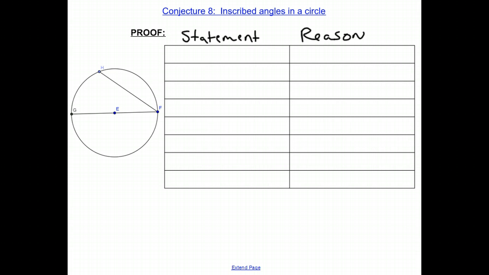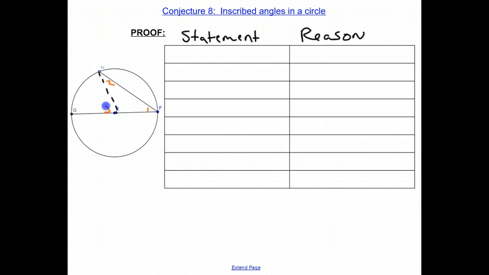All right, so I'm going to first add this radius here that connects point H to the center E of the circle. I am also going to label this angle here, the central angle, 3, and I'm going to label this angle 1 and this angle 2. Okay, so those are the only additions I'm going to make to our diagram. This will help us speed things along in our proof.